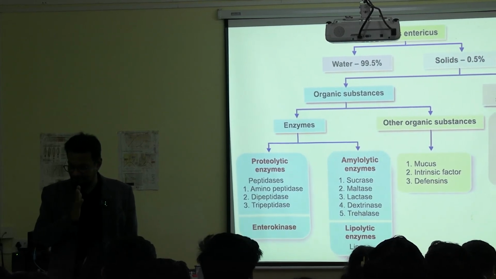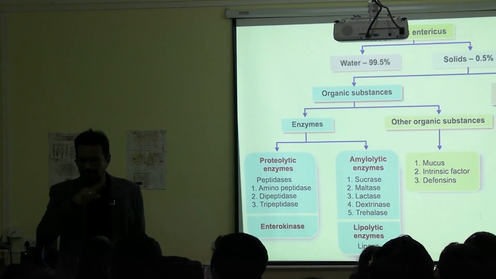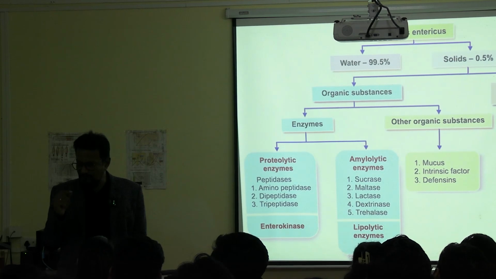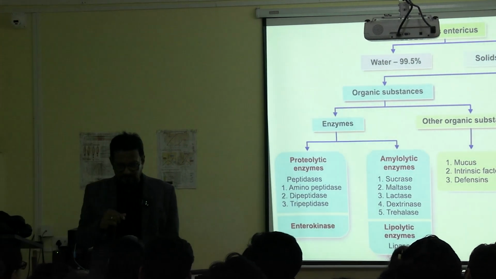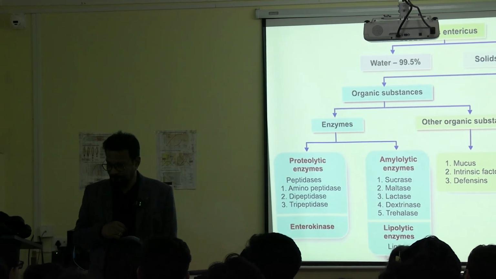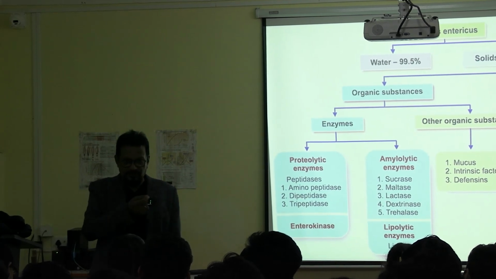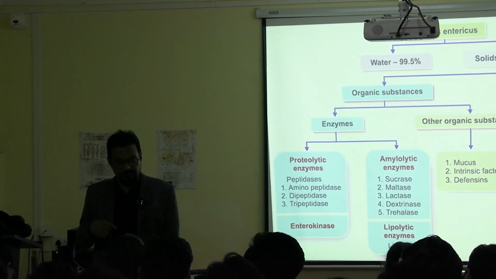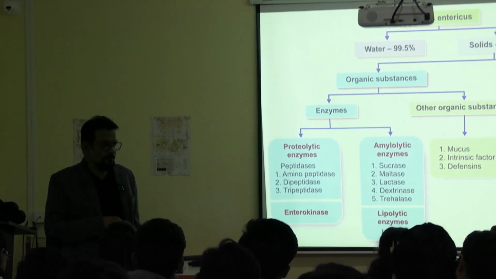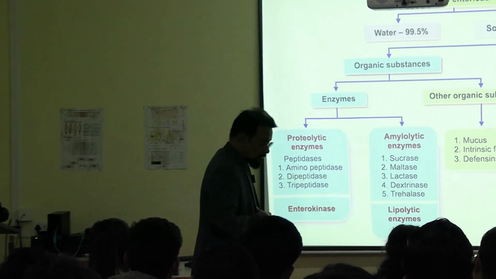facing the lumen. So there are villi. Within these villi there are a lot of columnar epithelial cells. They will be produced in the crypt of Lieberkühn.